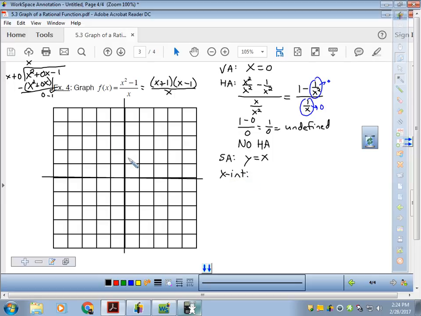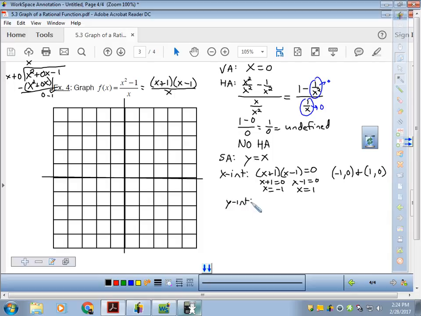Next thing is x-intercepts. Take your top, set it equal to 0. So x plus 1 times x minus 1 equals 0. Which means x plus 1 equals 0, or x minus 1 equals 0. So we get x equals negative 1 and x equals positive 1. So we have negative 1 comma 0 and we have 1 comma 0.